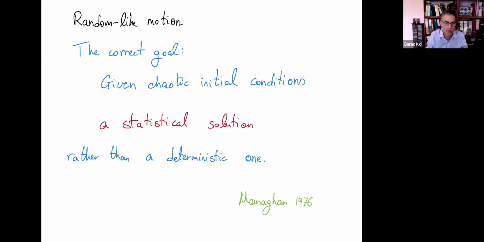So it's random-like motion, and it became apparent that the correct goal is that, given initial conditions, we want to seek a statistical solution, namely to ask what is the probability distribution for various outcomes.